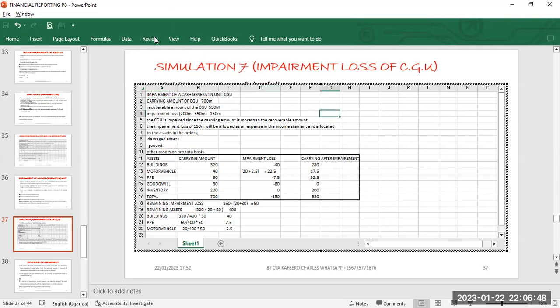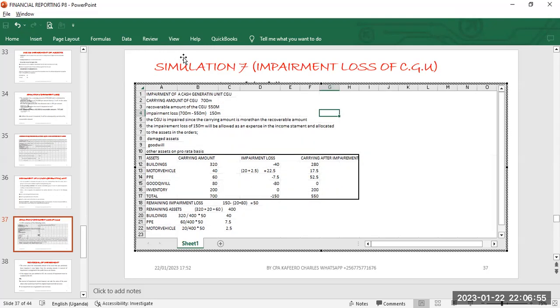And that one is done. Maybe to remove these grid lines. Yeah, you'll be able to see everything right there. So that's all for now.